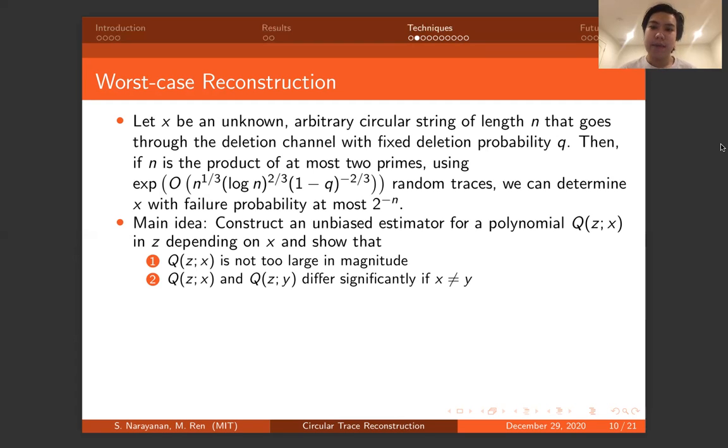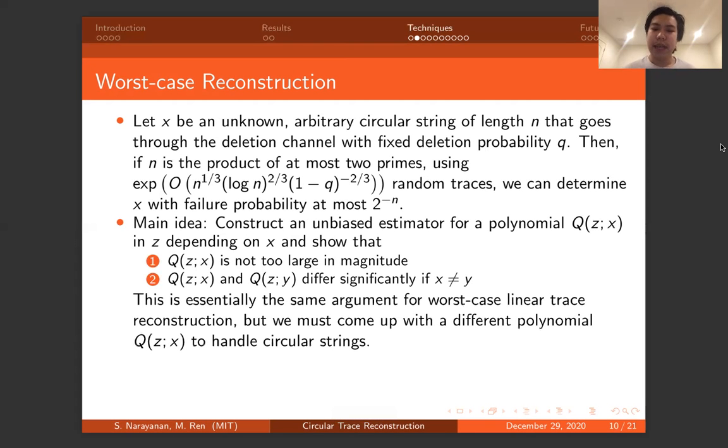If x is the original string, then with high probability it will be much closer to q(z, x) than q(z, y). If we run this through all pairs of strings, x will win in every pair, and we can conclude that x is the original string.